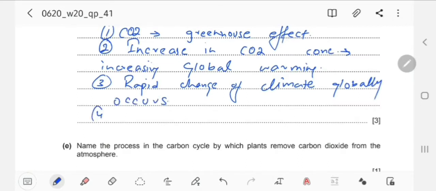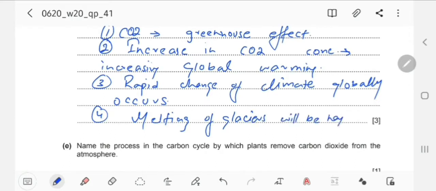You can also write that the melting of glaciers will also happen, which will increase the sea level.